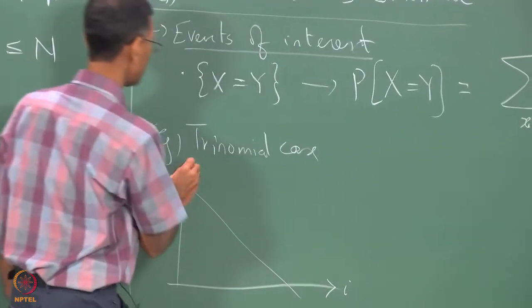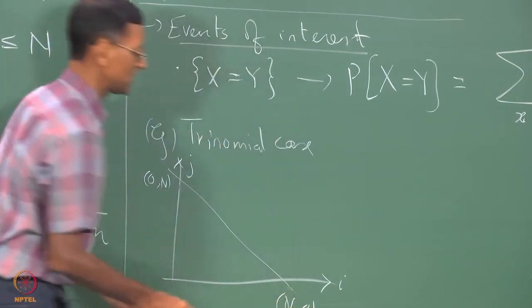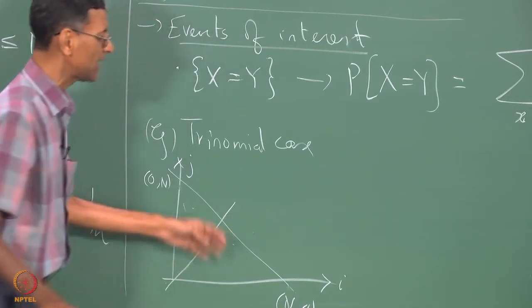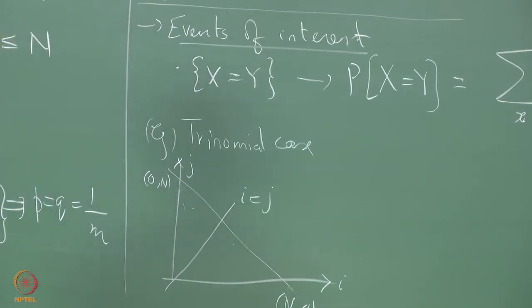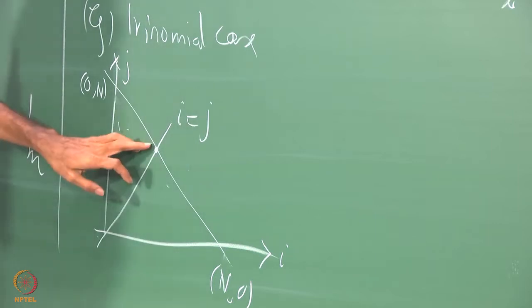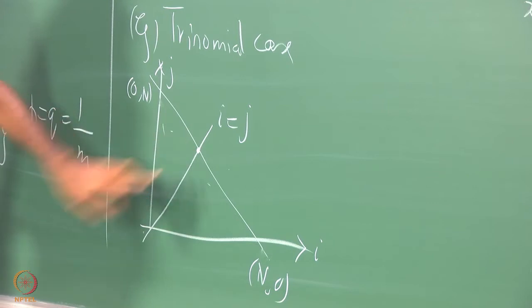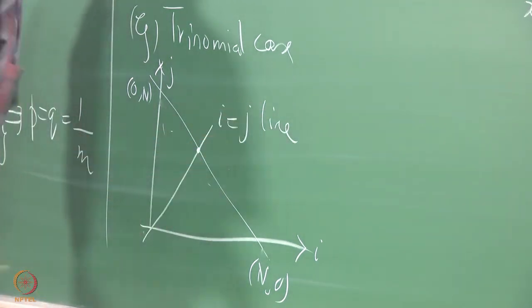Here I am plotting the points i and j, and here I am plotting the point (n, 0). So, this is the line i equals j, and we will assume without much loss of generality that n is even, so that it makes my job a little easier. So, this point I am going to assume belongs to the grid. What is this point? (n/2, n/2). So, this is the i equal to j line.